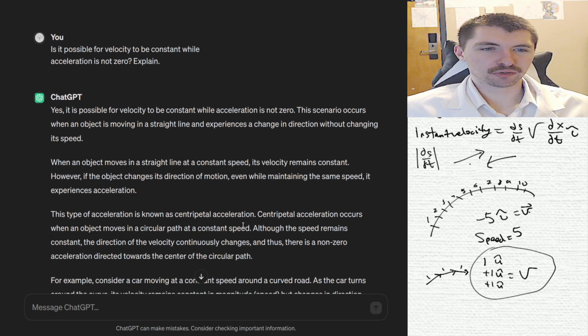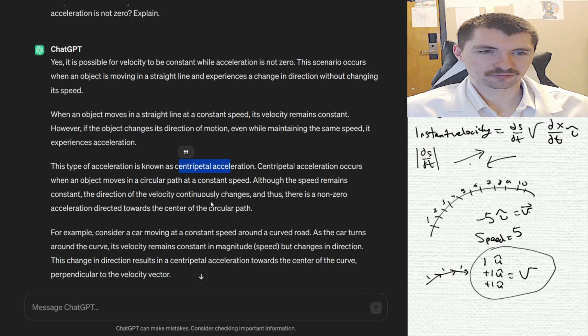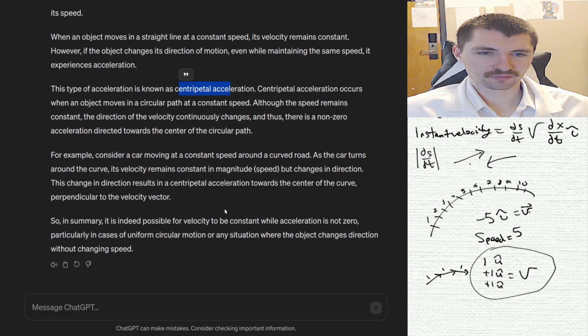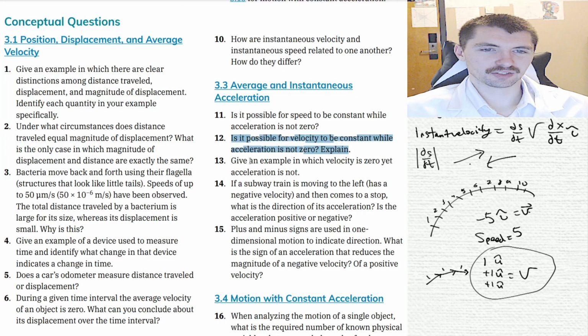When an object moves in a straight line at a constant speed, its velocity remains constant. All right.